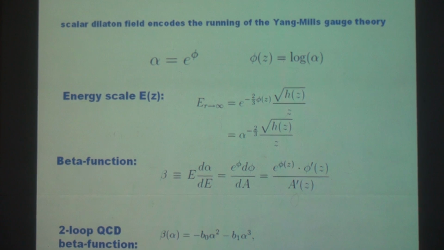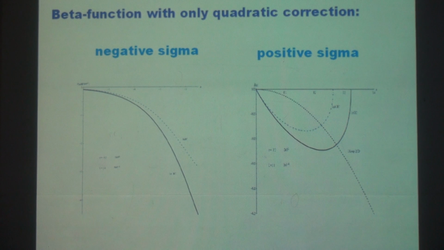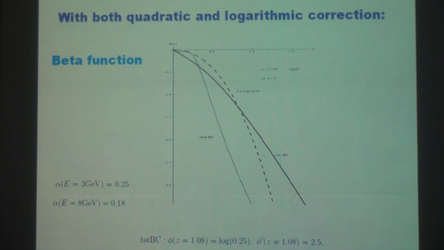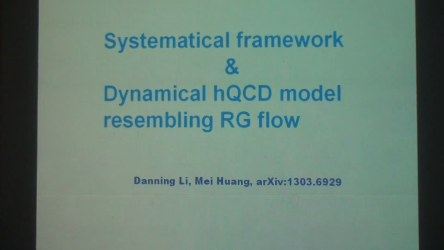For example, with our input, we can calculate this beta function and compare with the perturbative QCD result. And we see that, okay, it's not that bad. But I may skip this.